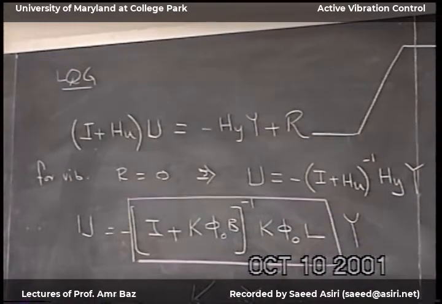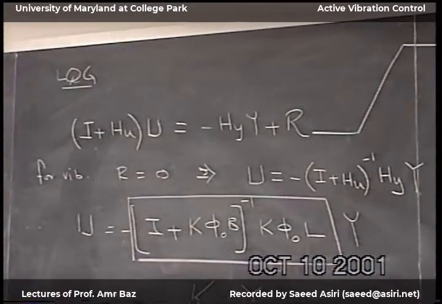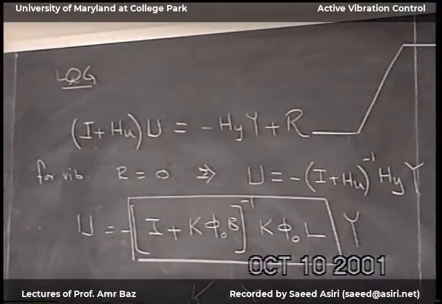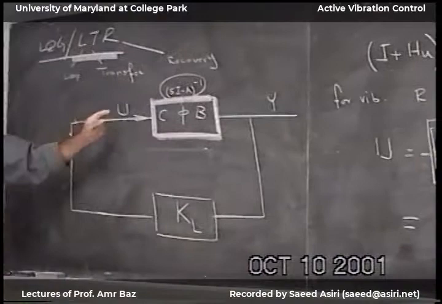Now for the LQG, this is my system. I am measuring only a small subset, and then I'm using this with the filter to get the y, generate from it this control action, and feed it back to the system.